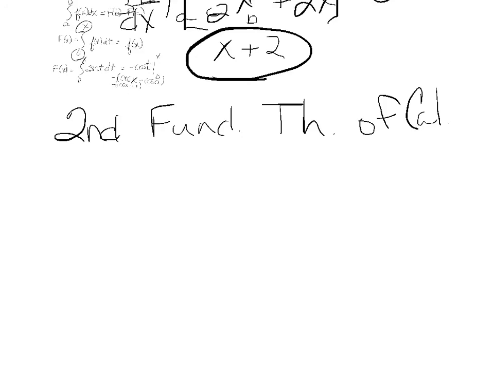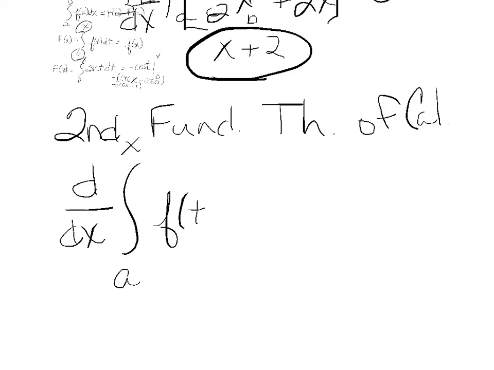All right, the second fundamental theorem of calculus says that if you take the derivative of an antiderivative from a constant to some function of x, f of t dt, that this is going to be equal to f of x.